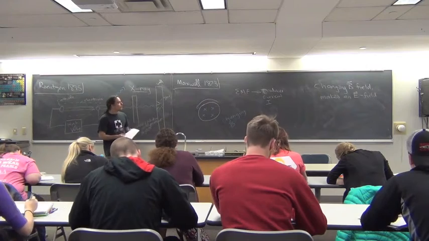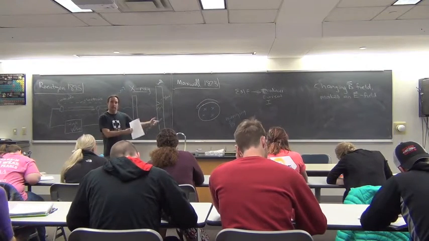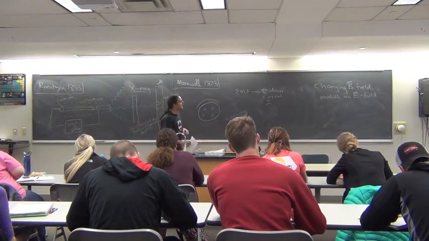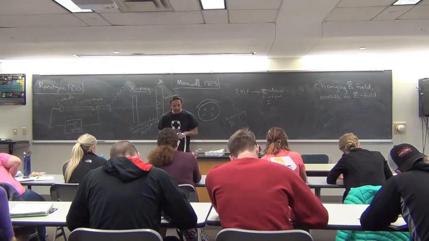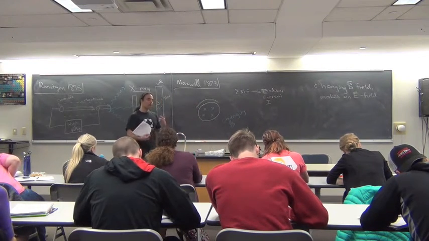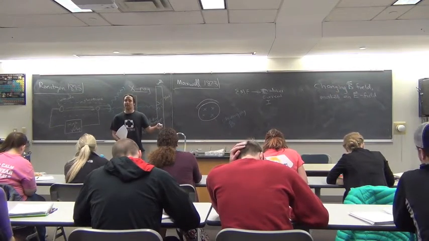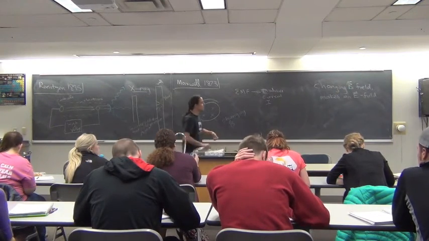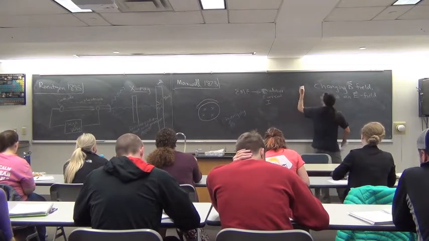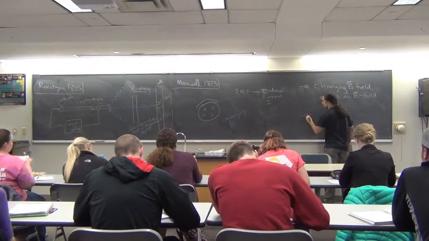And he was able to look at all the different electricity and magnetism equations that we looked at. And he said, all right, well, what happens if a changing electric field also makes a magnetic field? What happens if the reverse is true? So we know this.